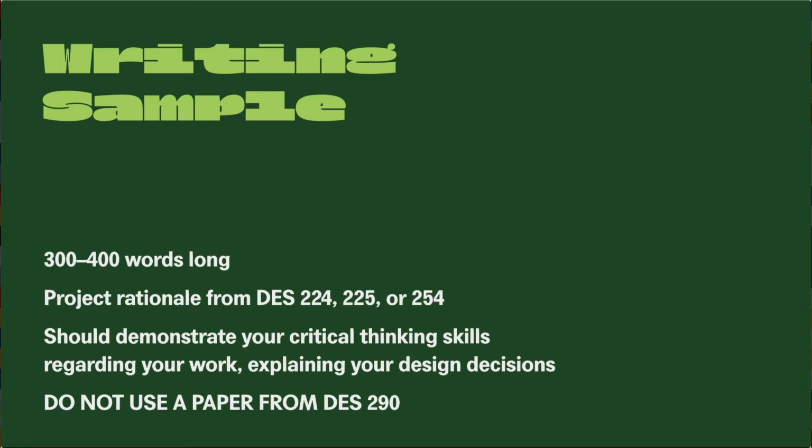So please set those aside and really focus in on your project rationale from DES 224, DES 225, or DES 254. Also, if you're a transfer student, there are some explanations about what this should be on our website, psu.gd/sophomore, and in the Sophomore Portfolio Review Handbook there. But you can also reach out to one of us. This should just be from one of your projects if you're a transfer.